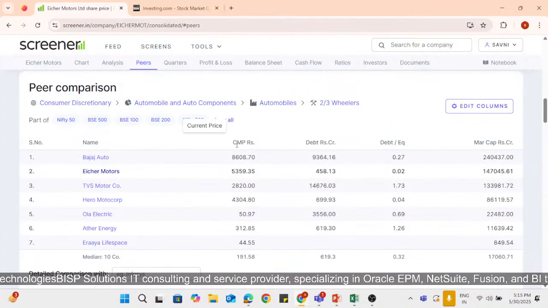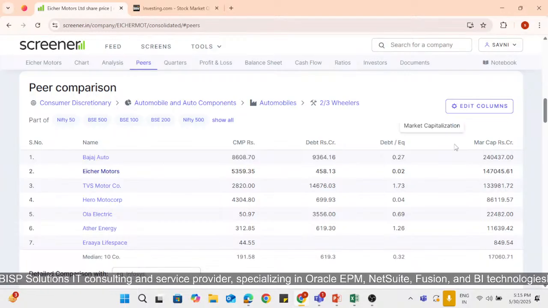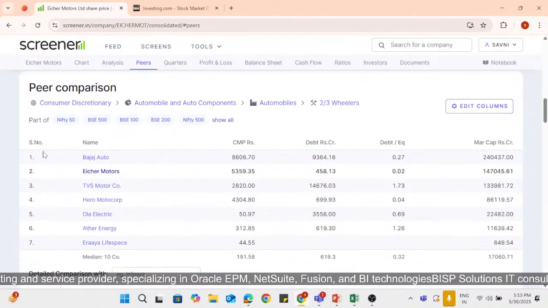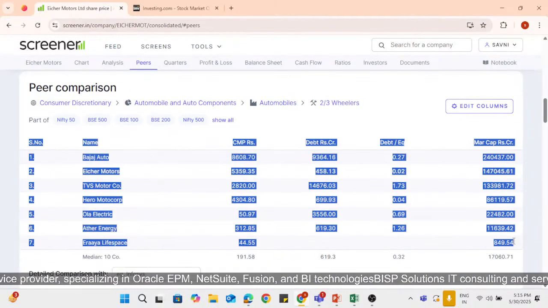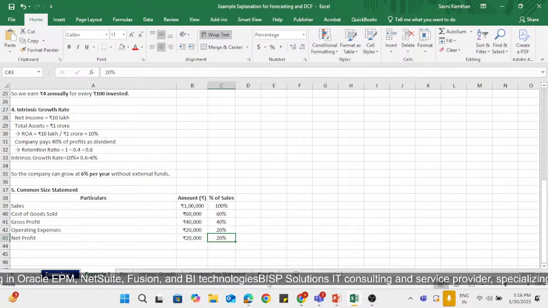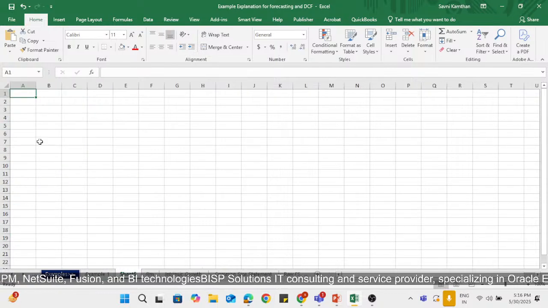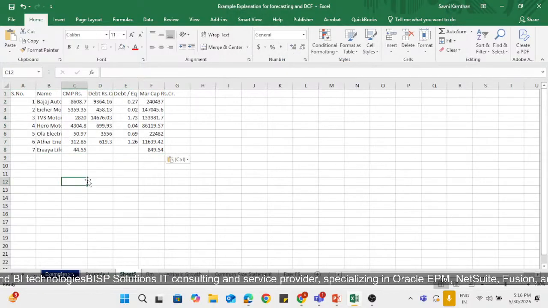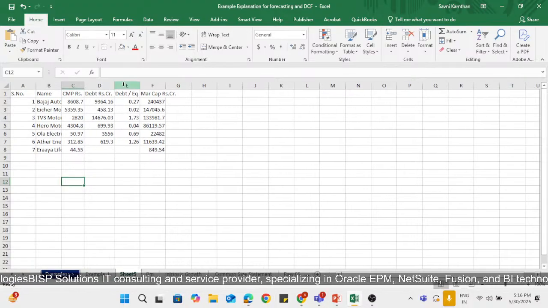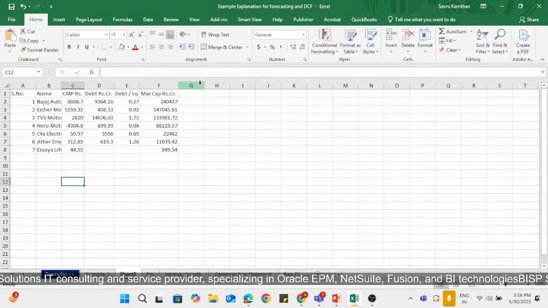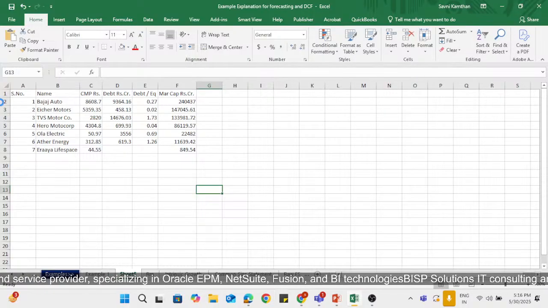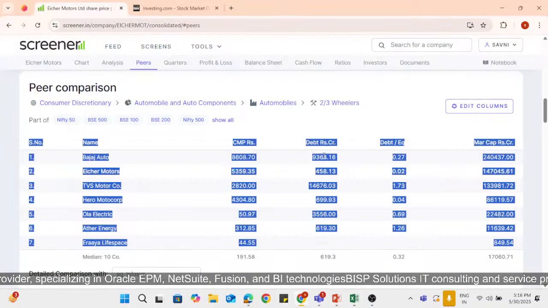If I select these, let's suppose I take these 7 over here, I can copy it and paste it over here with Control Alt V, then text and OK. Now it will be pasted, right? This is what we will get for our return on market as per Screener.in, right?